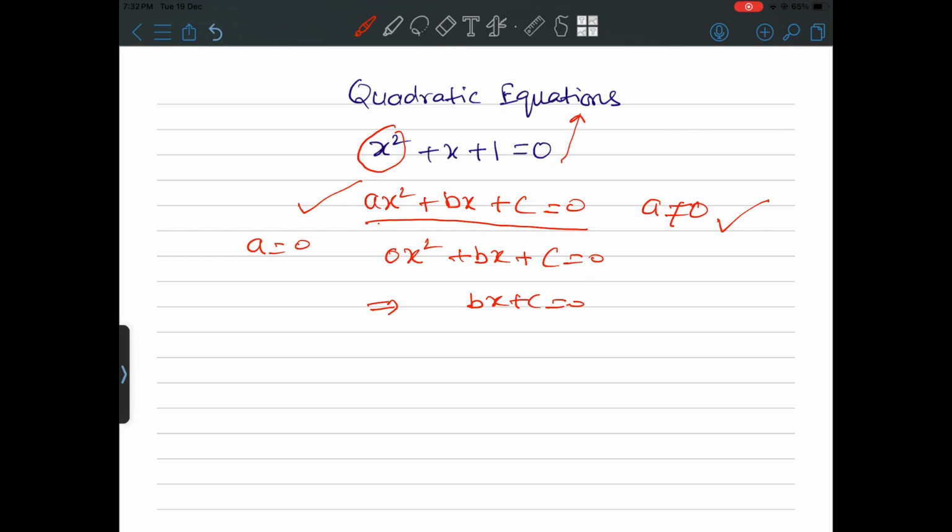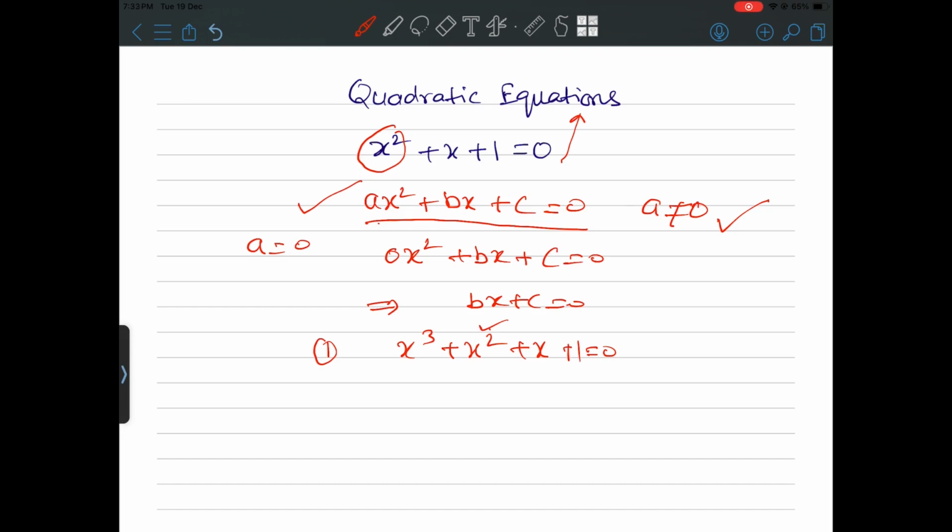For example, suppose you have an equation like this: x cube plus x square plus x plus 1 equal to 0. Now you will say, sir, this equation has the power 2 of x. So can we say it's a quadratic equation?